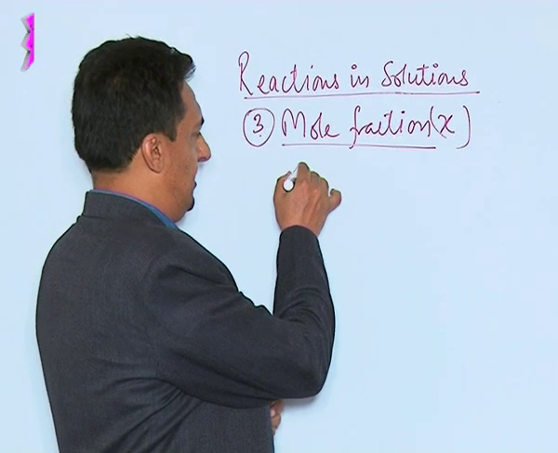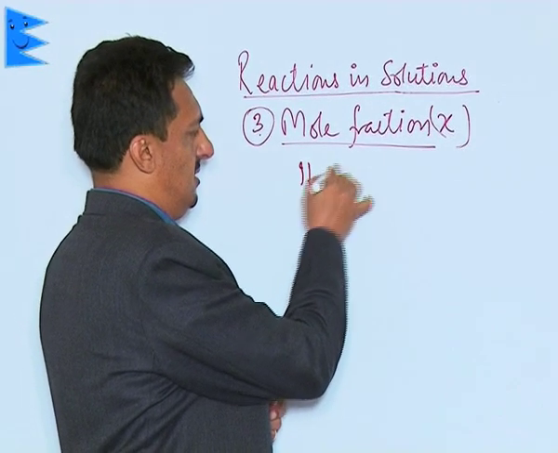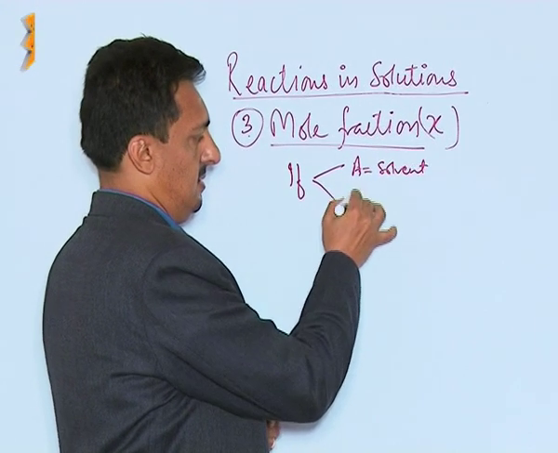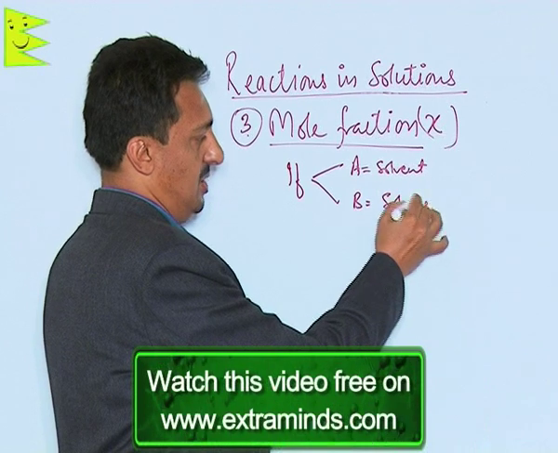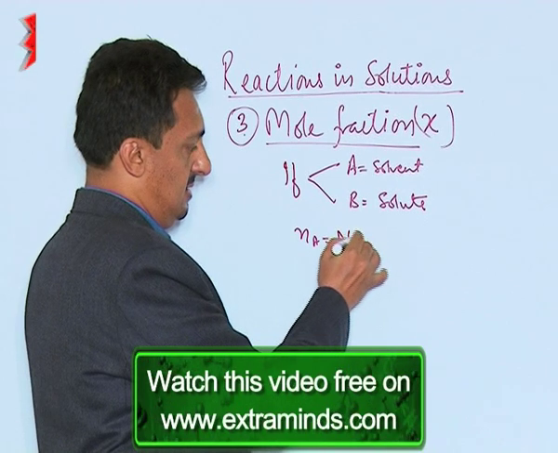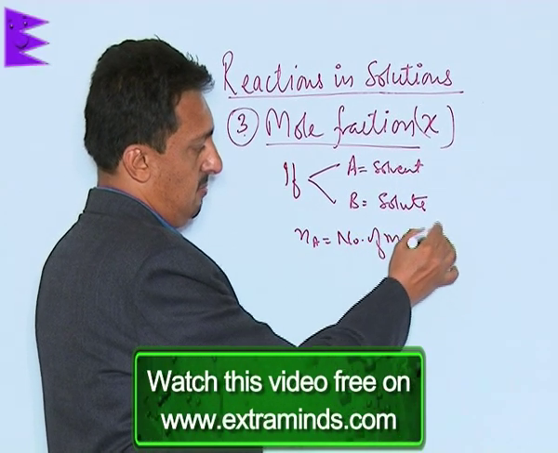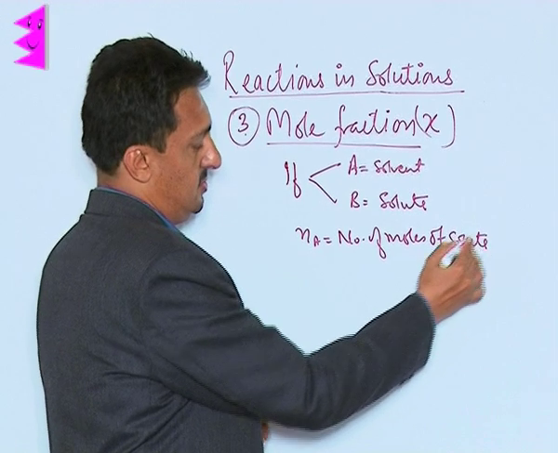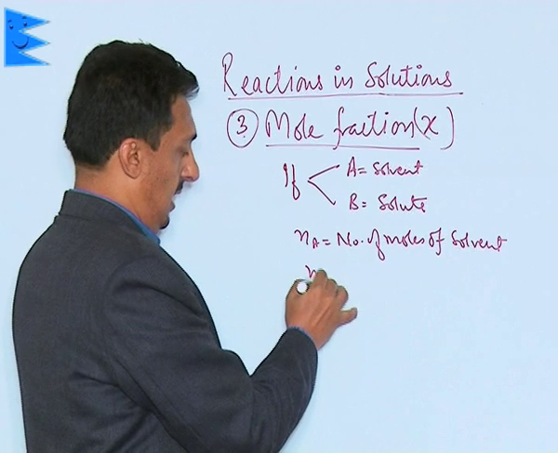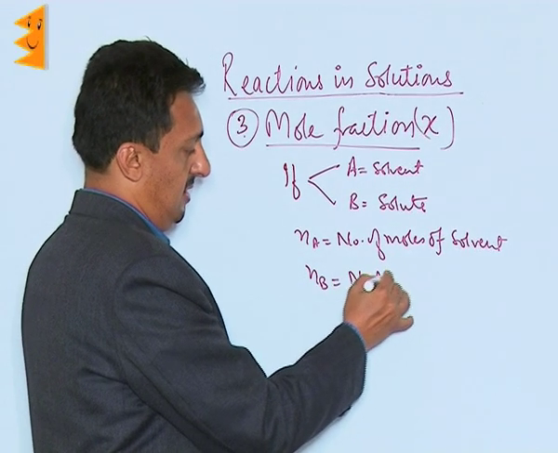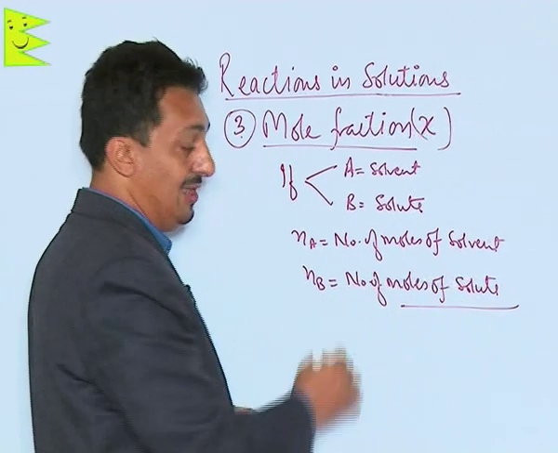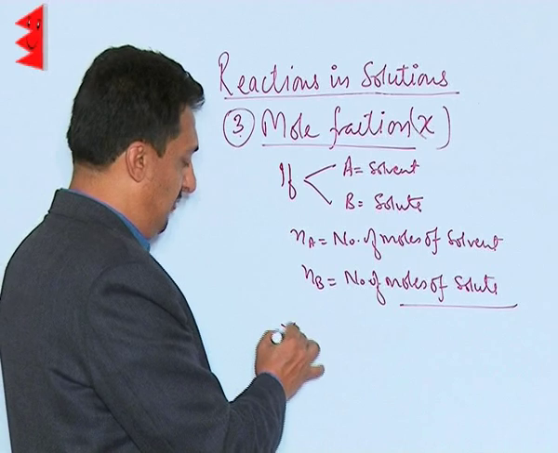Like if A is your solvent and B is your solute, the Na are the number of moles of solvent, Nb is your number of moles of solute.